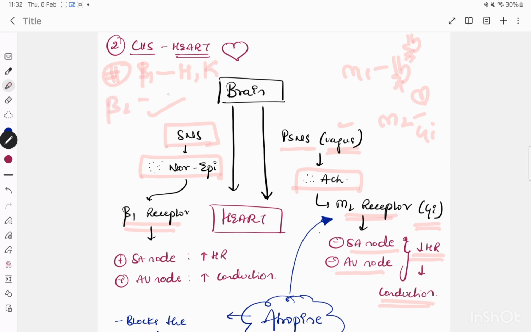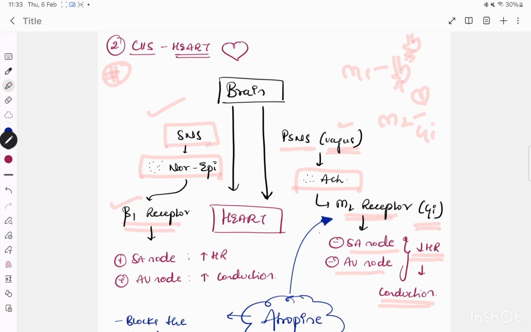Beta 2 receptors were present on pancreas, liver, smooth muscle, skeletal muscle. Beta 3 receptors were present where? They were present in adipose tissue and urinary bladder. So you need to know all these very well.